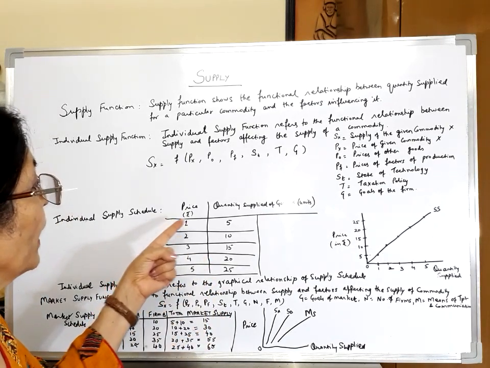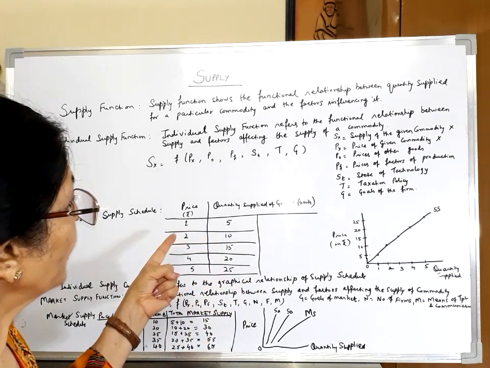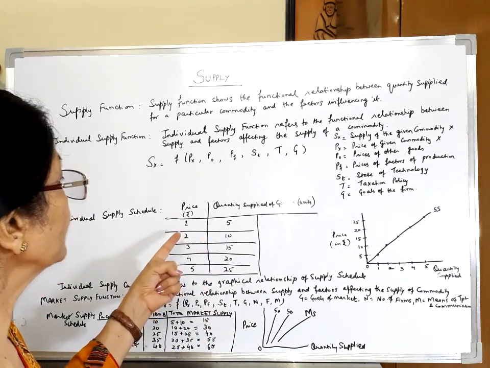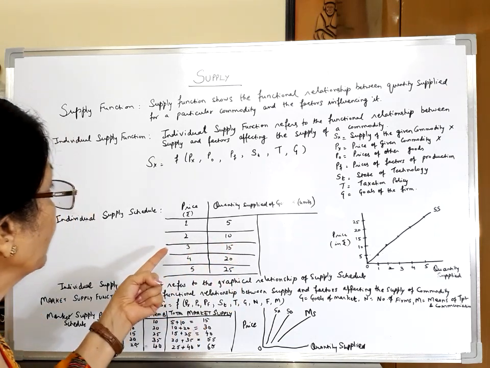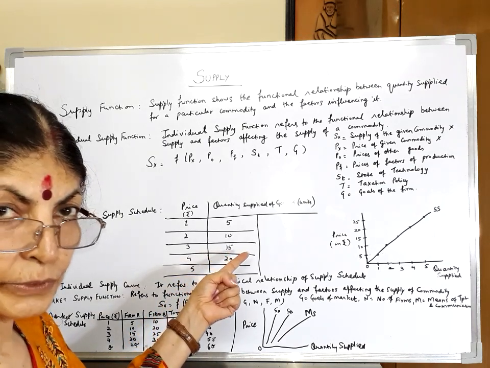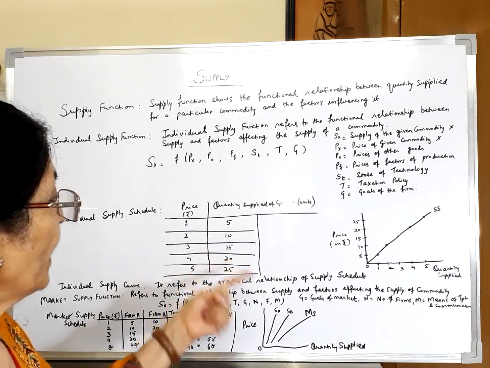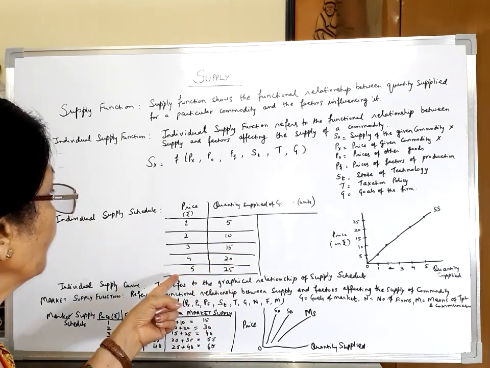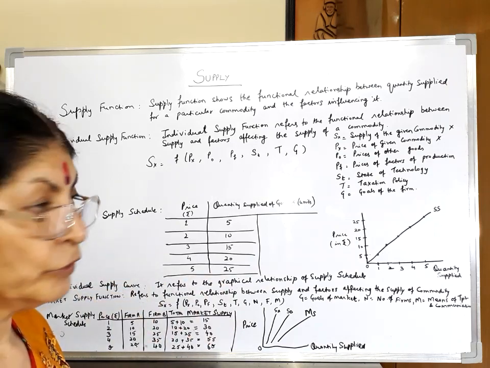So at rupee 1, the firm supplies 5 kgs or 5 units of the commodity X. At 2, it increases to 10. At 3 rupees per unit, the supply goes up to 15 units. At 4 rupees per unit, the supply is 20 units, and at 5 rupees per unit, the supply is 25 units.